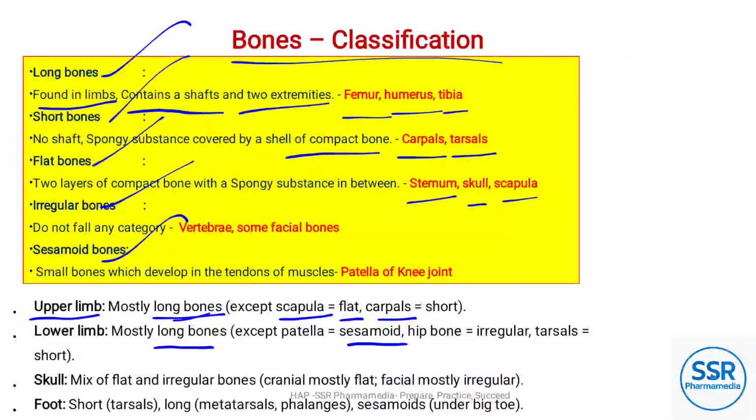Foot bones: tarsals are short. Long bones are the metatarsals and phalanges. Sesamoid bones are under the big toe.